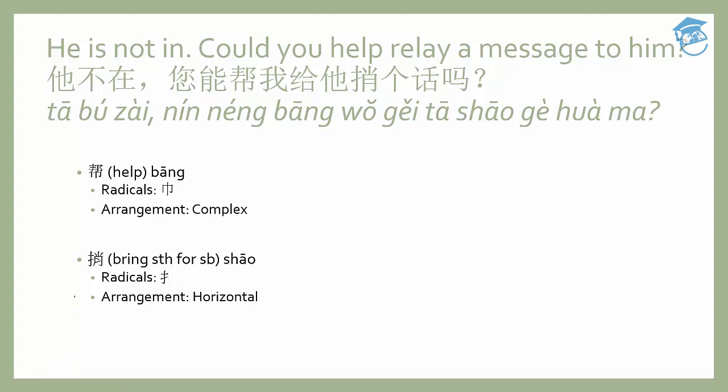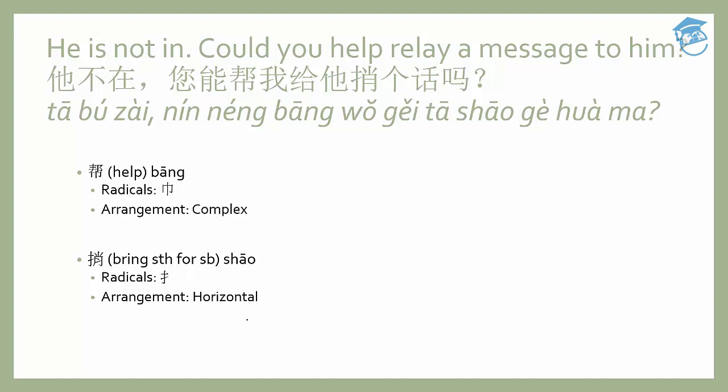And the next word is 稍. 稍 is usually used in bringing something for somebody. So in this case, you are bringing a message to Mr. Smith. This is the pinyin shao, and the radical is what's on the left there.